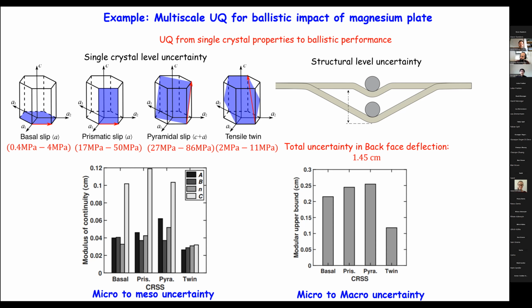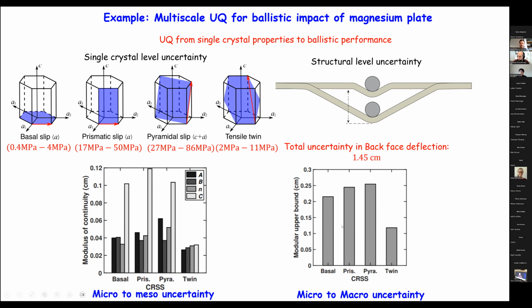You can see the contribution of the different grain systems, and how they will propagate to the middle scale. And here I'm showing you how the micro scale uncertainty will propagate to the macro scale uncertainties.